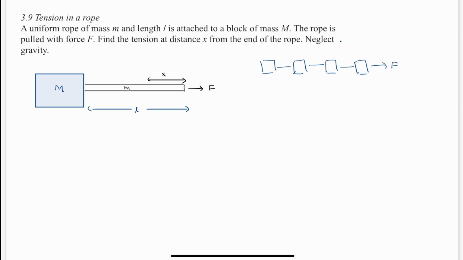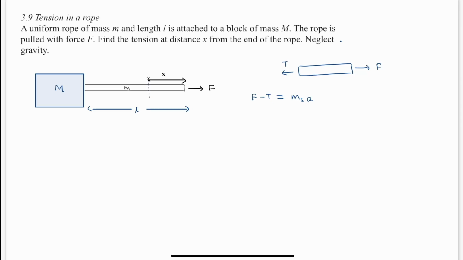If you cut the rope at this point and observe it, you have your block, there's a force F acting here, and there is tension acting on the block. Then force minus tension would be equal to the mass of the segment, let me write it as ms, times the acceleration.